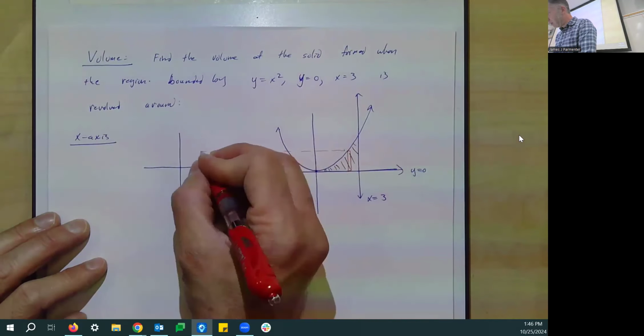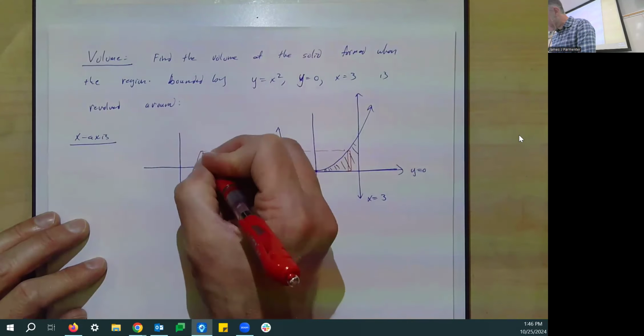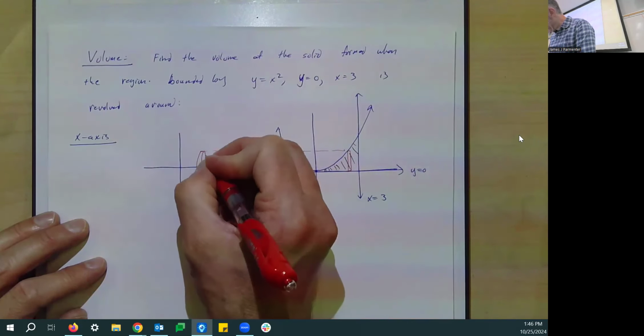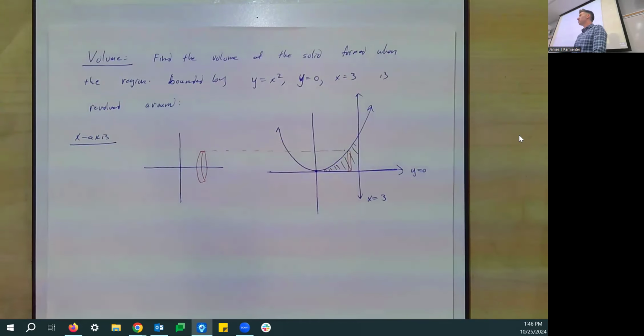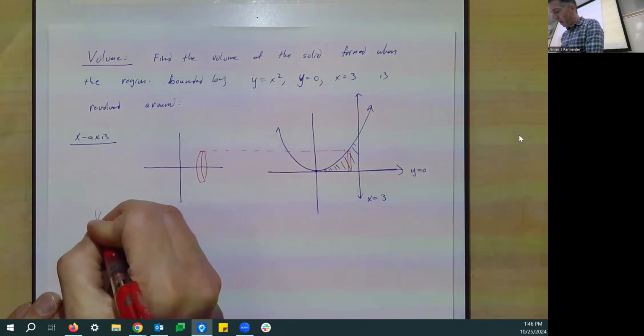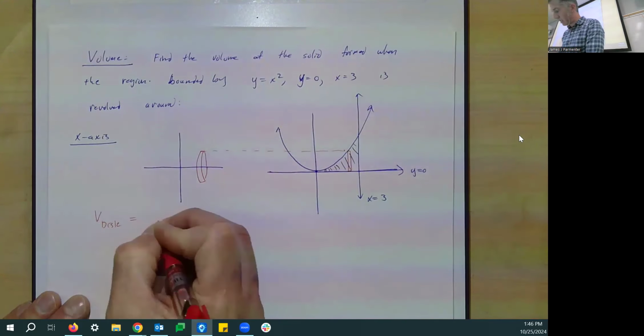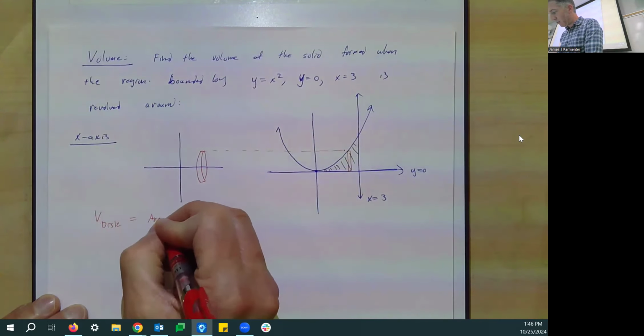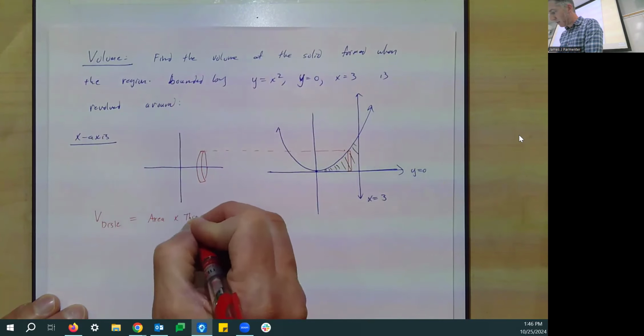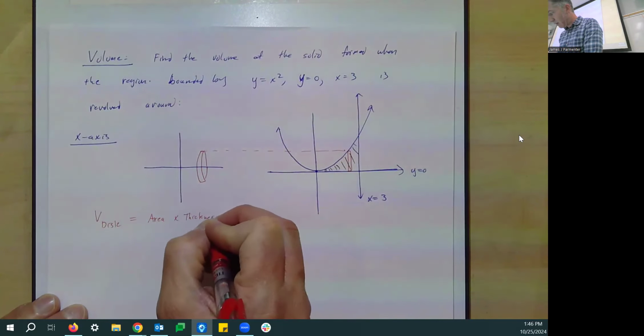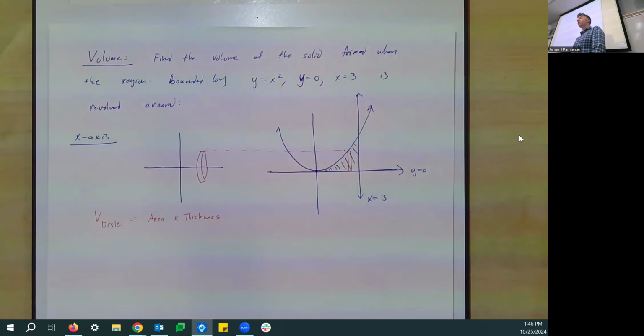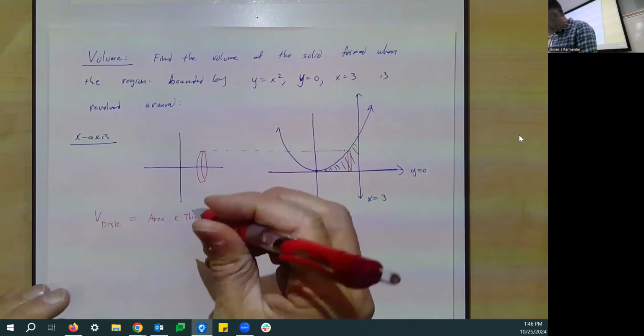So when I rotate that little strip around the x-axis, I get something that is disc-shaped. That's why it's called the disc method, because that little thing looks like a disc. And the volume of that disc is just the area times the thickness. That shape is a circle.